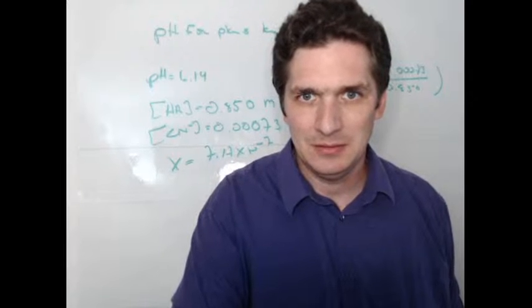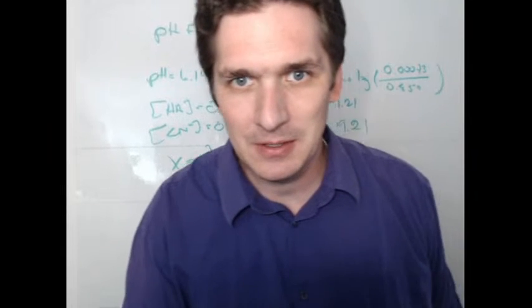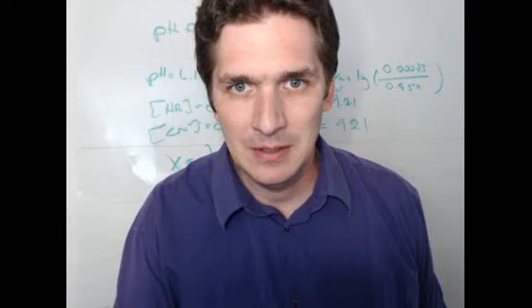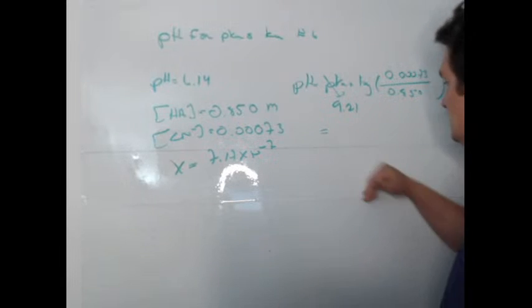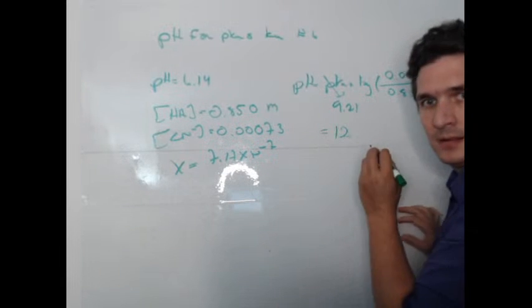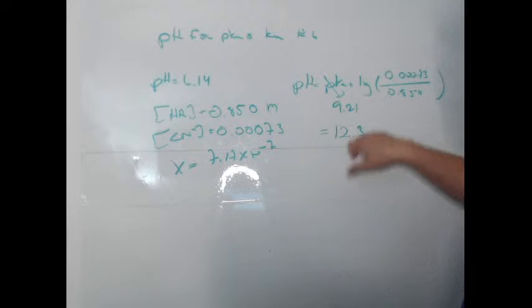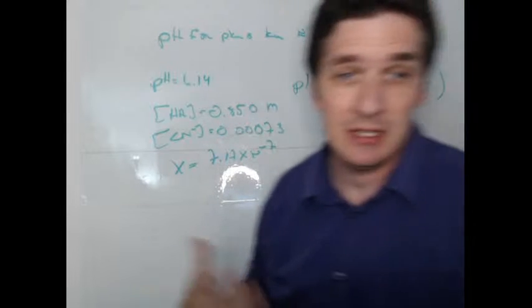Hold on. Sorry. Actually, that's a typo on my part. 12.27. So Henderson-Hasselbalch predicts a pH of 12.3, whereas from the IC table we get 6.14.